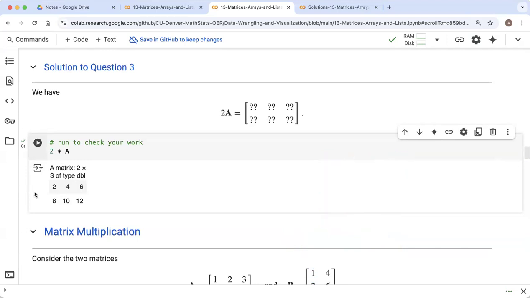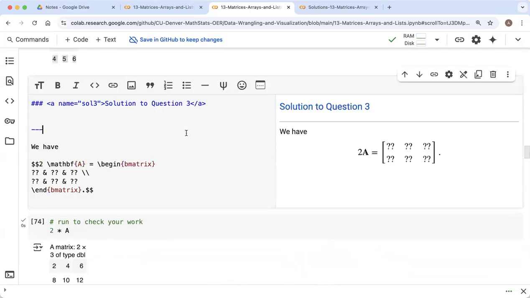And I just want to indicate how we can enter this into R. We could just type these values into this text cell right here, 2, 4, 6, 8, 10, and 12. So I just replaced those question marks in this LaTeX code over here, and you can see the matrix gets typeset over here.